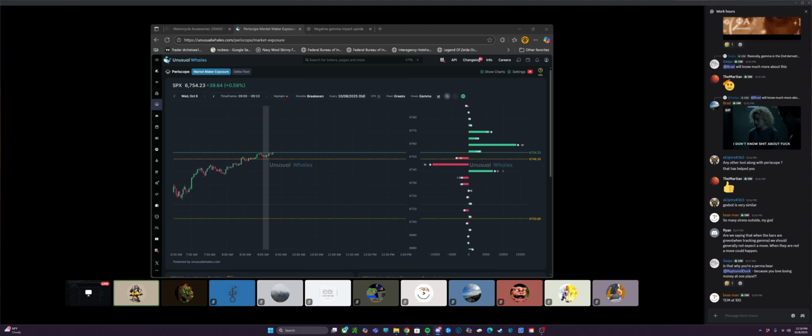So usually what I like doing, and I'm putting the cart before the horse here when I'm talking about how I position and how I use this data, is I like waiting for critical levels. Friday, when we had that big move to the downside, we were trending right at 6720, or was it 6820?